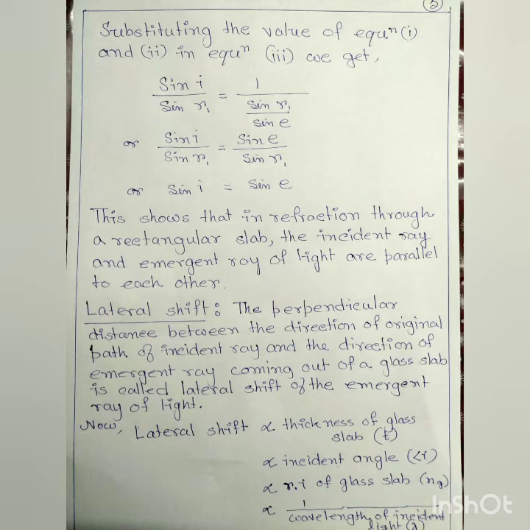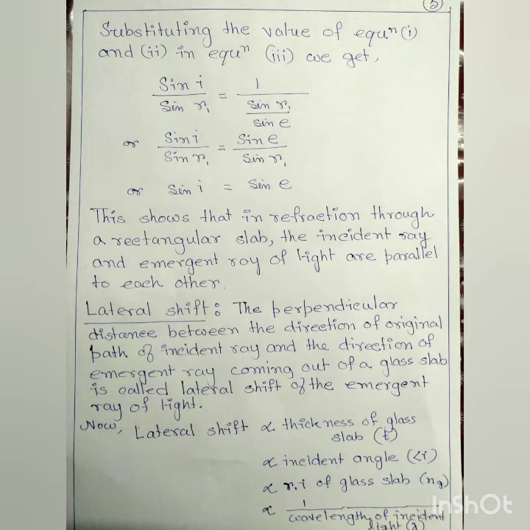This shows that in refraction through a rectangular slab, the incident ray and the emergent ray of light are parallel to each other. There is a lateral shift between the incident ray and the emergent ray.